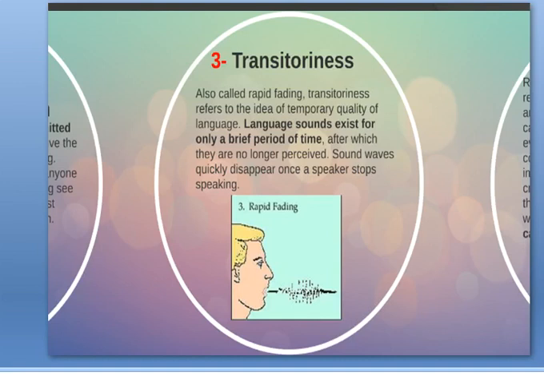Whenever someone is saying something, it has to be received by the listener at that very time, because after that it will be nowhere. So this is another design feature of language by Hockett.